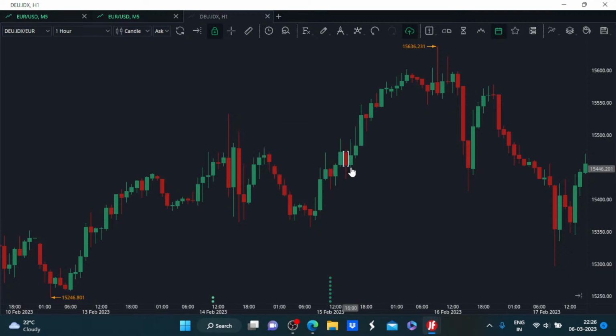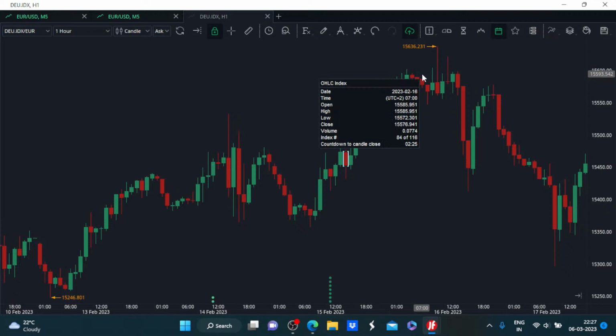So the subsequent candle again closes with this bullish momentum. Its closing price is higher than the opening price, and that momentum continues to be bullish for a considerable amount of time. So if you had initiated any long trade at these levels, you would have ended up on the profit making side.